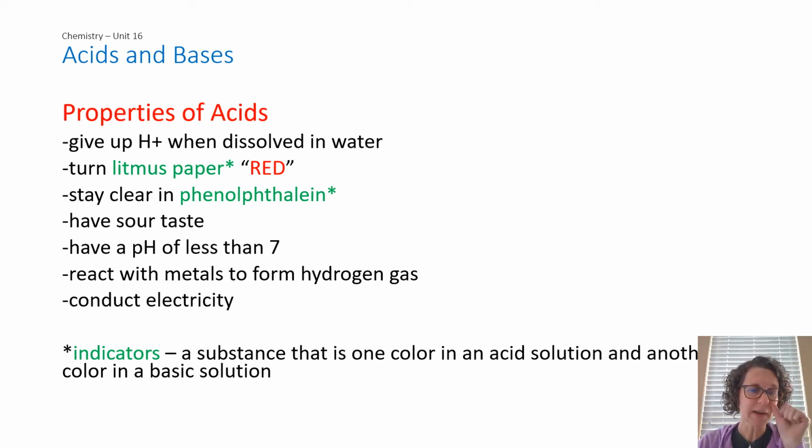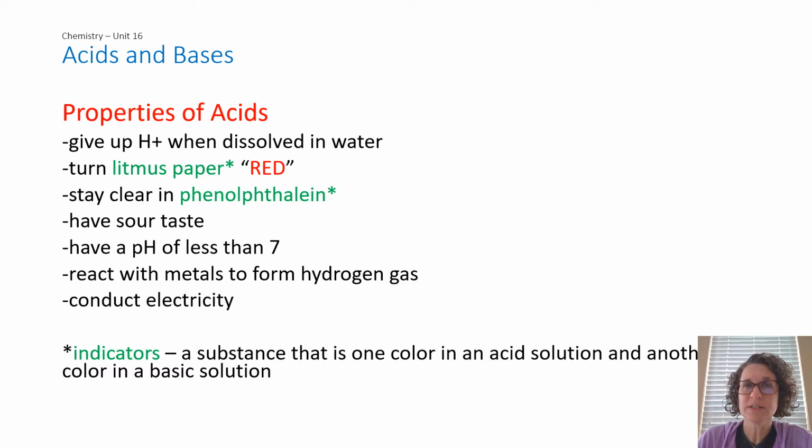Now, real quick, just something to be aware of. The words that I have in green up there are indicators. An indicator is any substance that is one color in an acid and another color in a basic solution. It makes it very easy to determine whether you are dealing with an acid or base, because acids and bases typically are clear liquids.